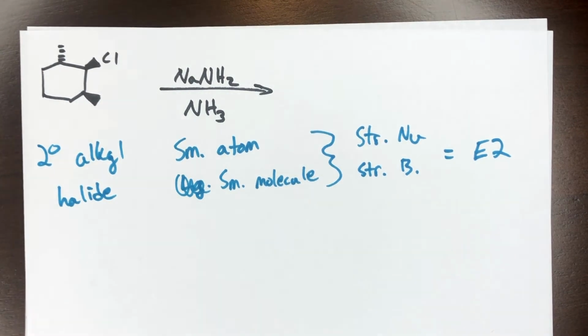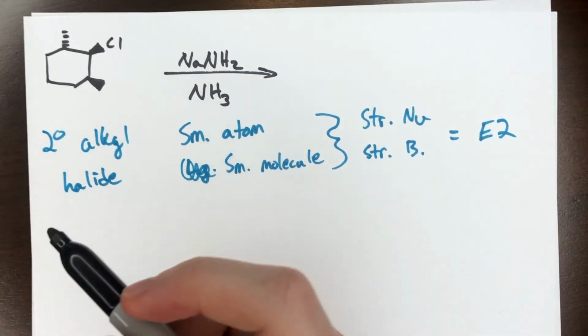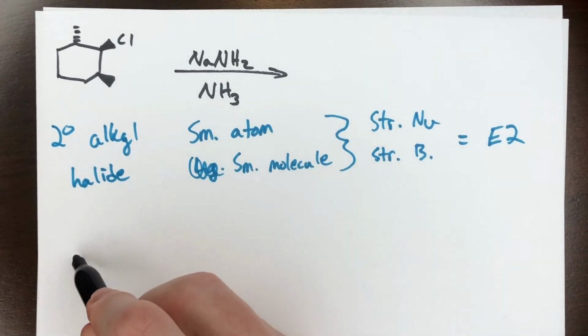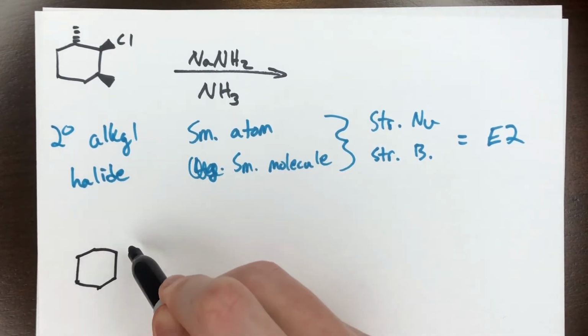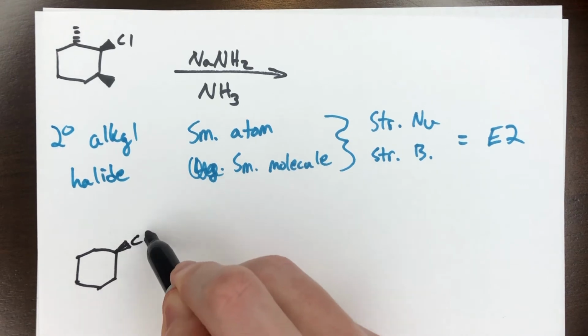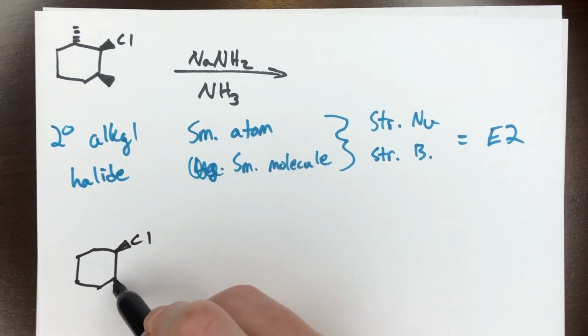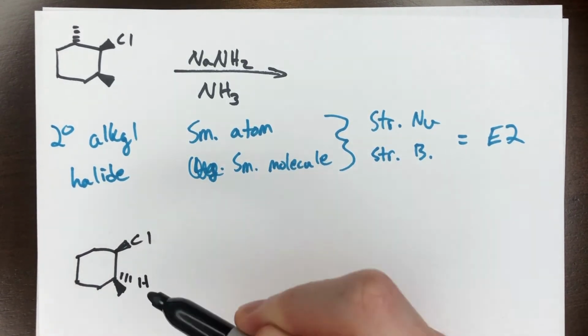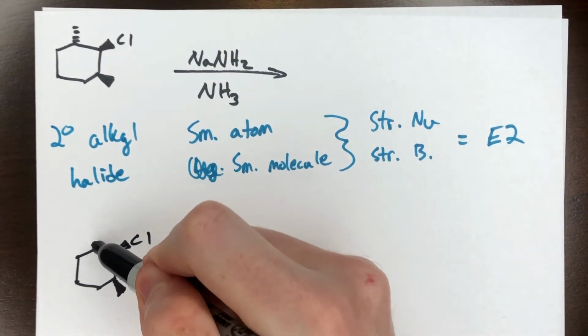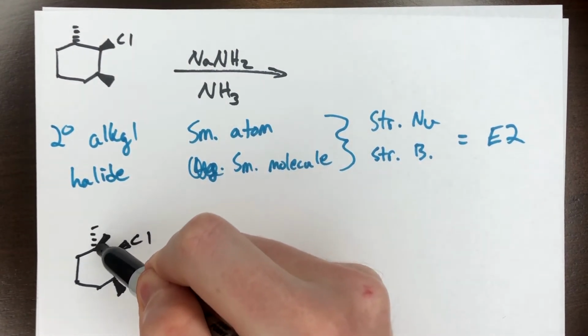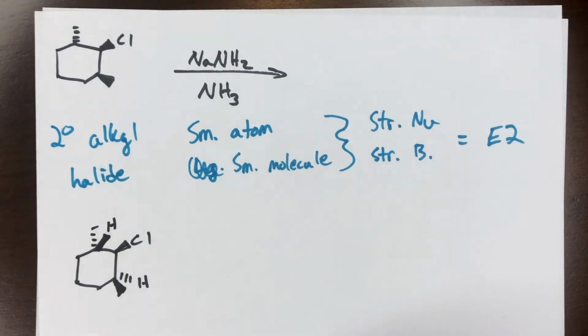So since it's E2, we need to have an anti-hydrogen, again, a beta position hydrogen that is in the anti-orientation for this mechanism to work. So there's only one such hydrogen in this case. It's this hydrogen here that I just drew. This hydrogen is not anti, it is syn, as in it's cis to the chloride.